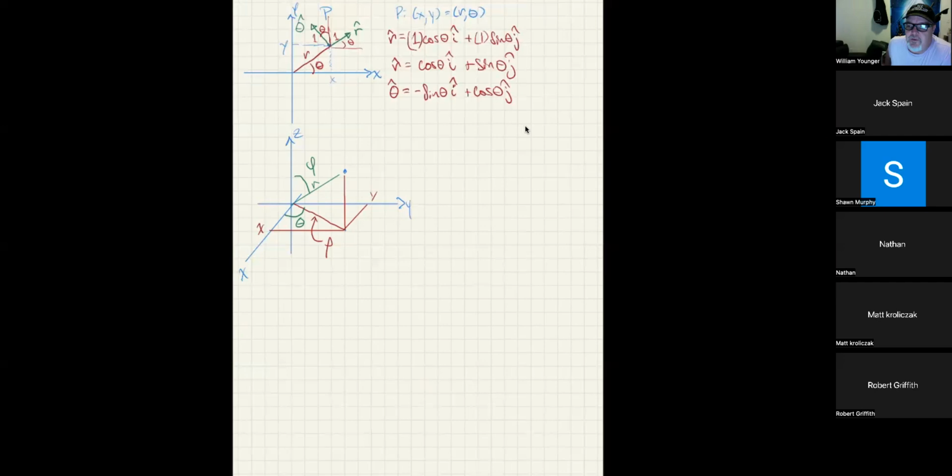The y-axis is due north, the x-axis is due east. But the azimuth angle should be from the XY plane, which is your horizon, between rho and R. That's not the way we do it in math. It might be that way.